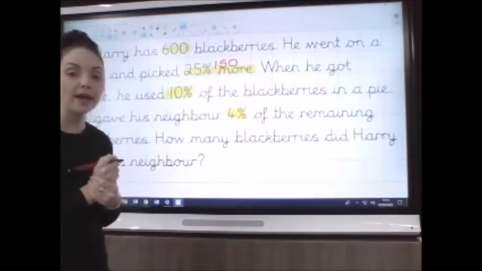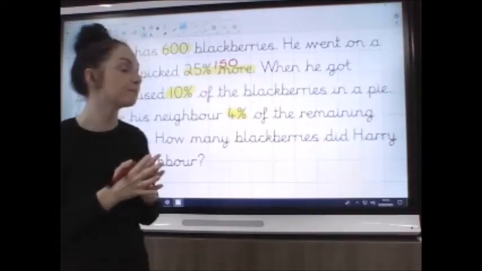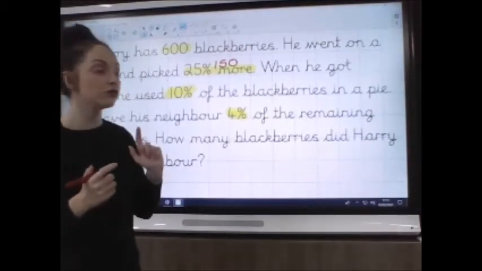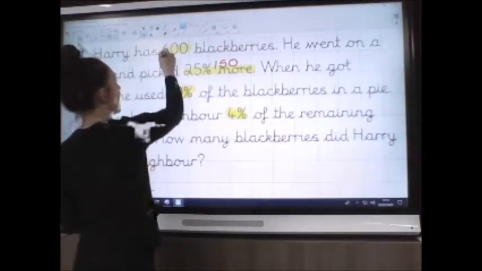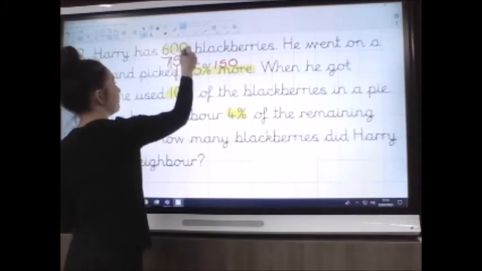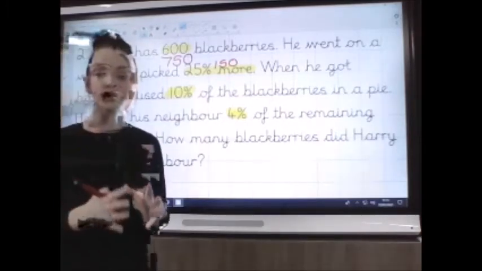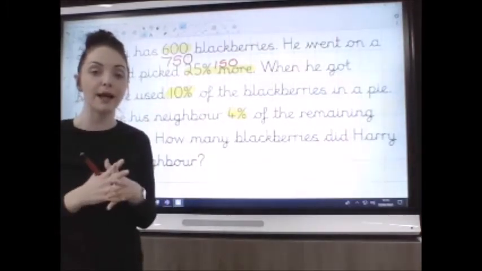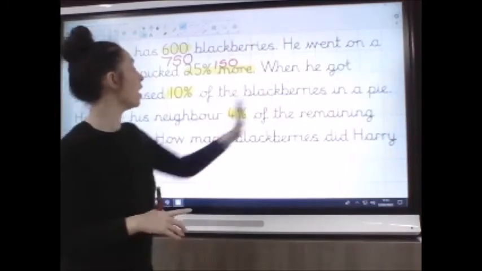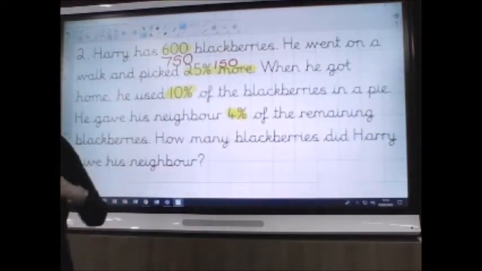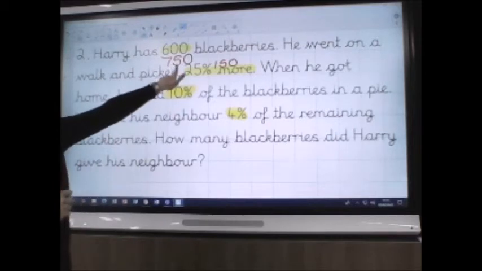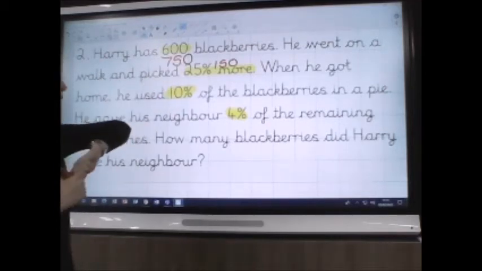I'm just going to make a note there. So he picked 150 more. So 600 add 150 is 750. So he's now got 750 blackberries. Okay. When he got home, he used 10% of the blackberries in a pie. So you need to find 10% of 750.